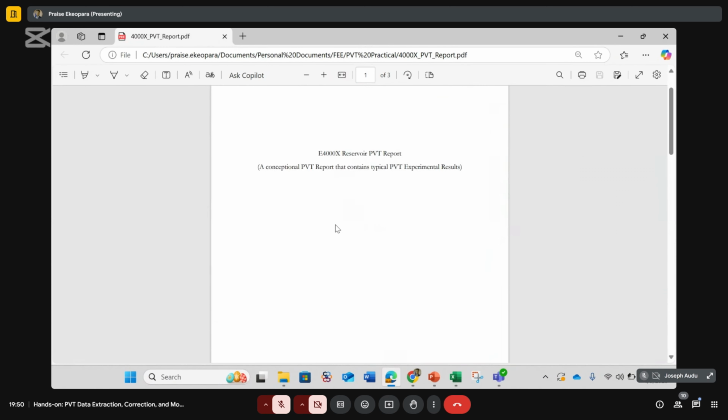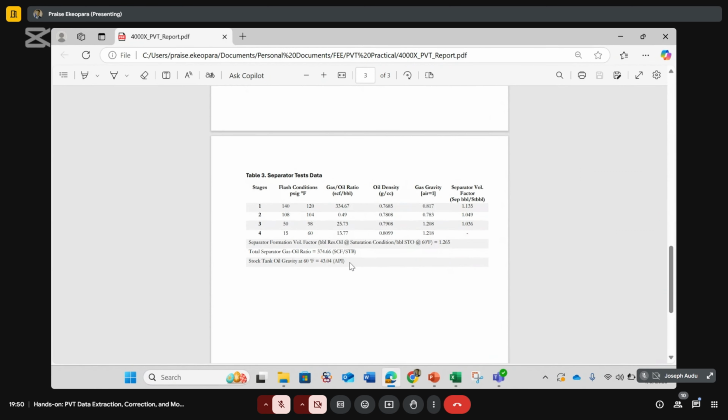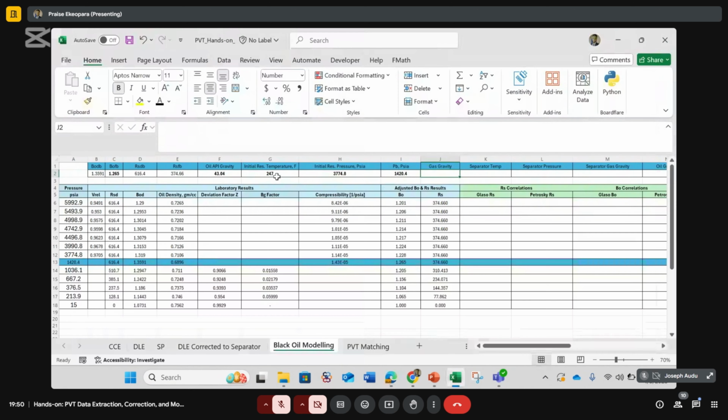I think that should be a mistake. So just take note, our reservoir pressure, I didn't capture it here, right? But the value should be around 211. So we'll be making use of 211. So just take note of it. Maybe if I share the report with us, I'll make that correction.